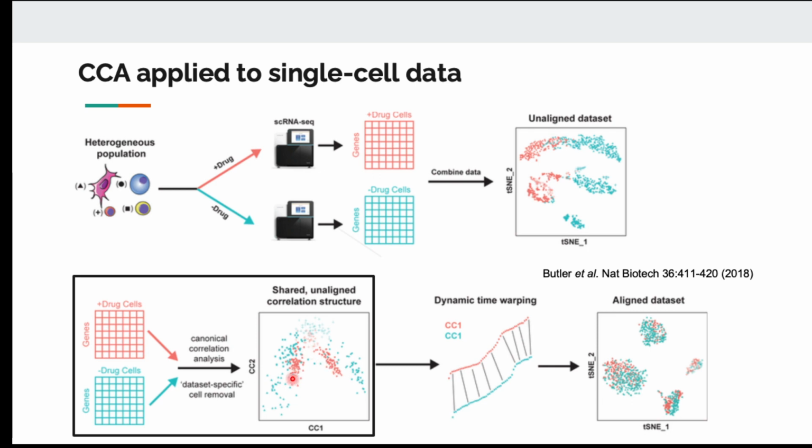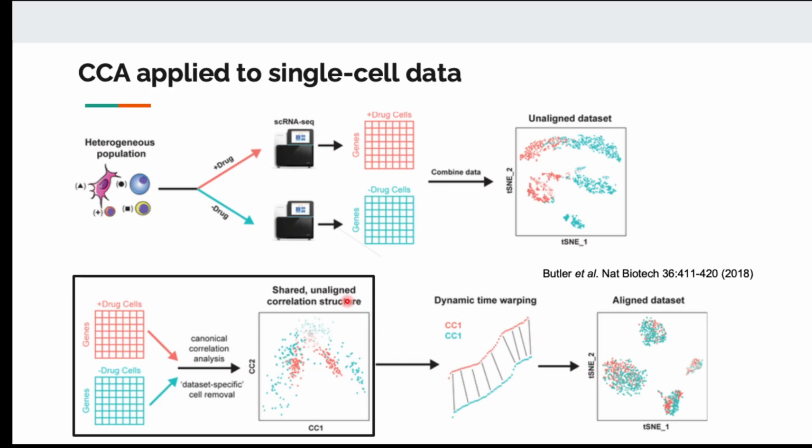For the treated, it's more clustered, so this requires less time for you to go from one cell type to another cell type. So dynamic time warping tries to unravel the treated cells here to make them as scattered as the untreated cells, to match them along this path.